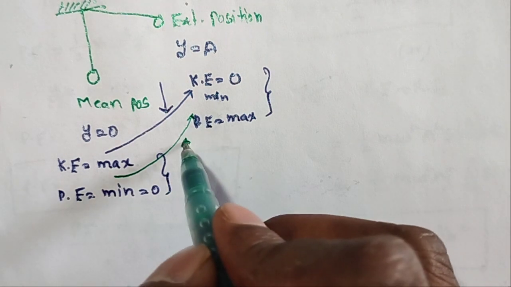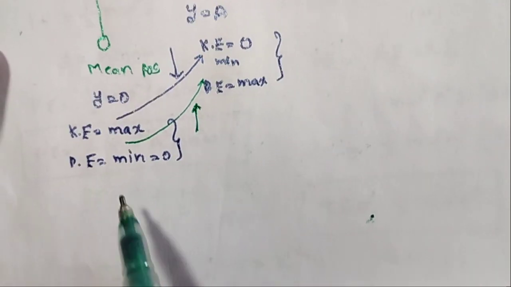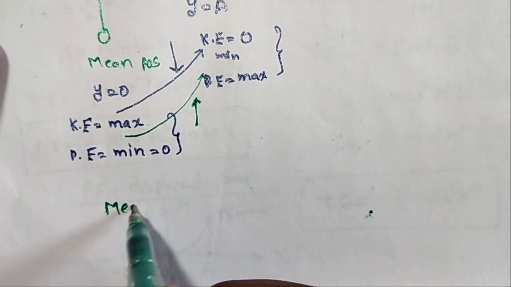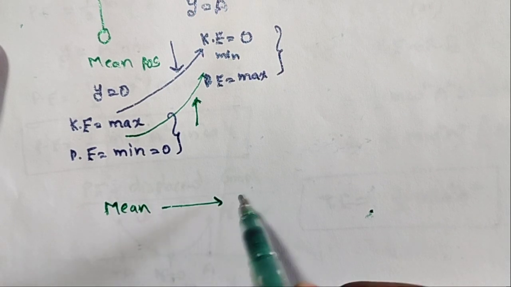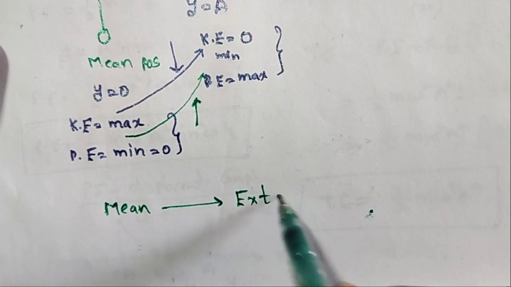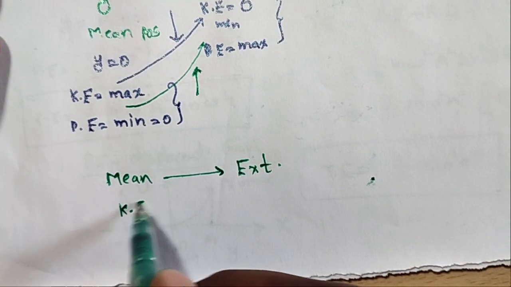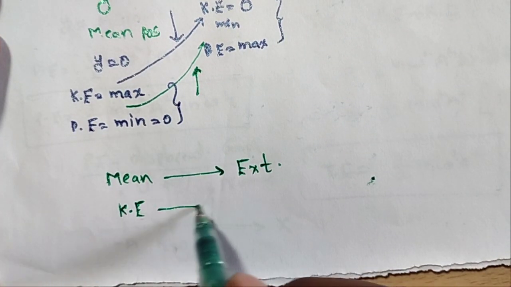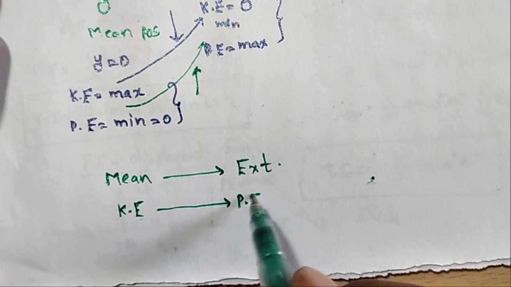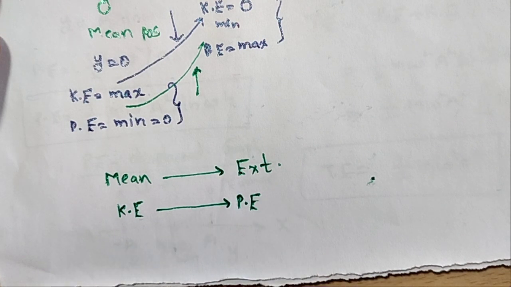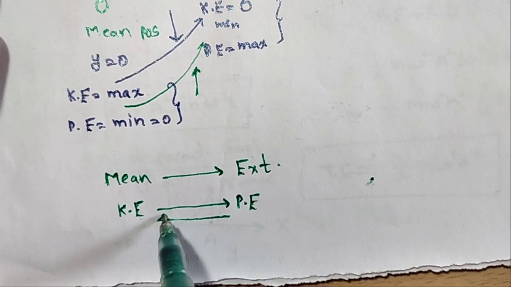So the particle is oscillating from the mean position to the extreme position. Your observation is that the kinetic energy is converted to potential energy, and on the way back, the potential energy is converted to kinetic energy.